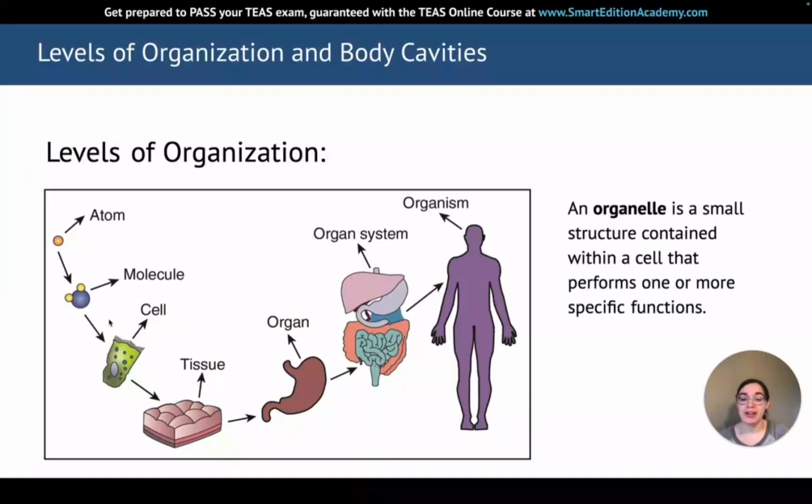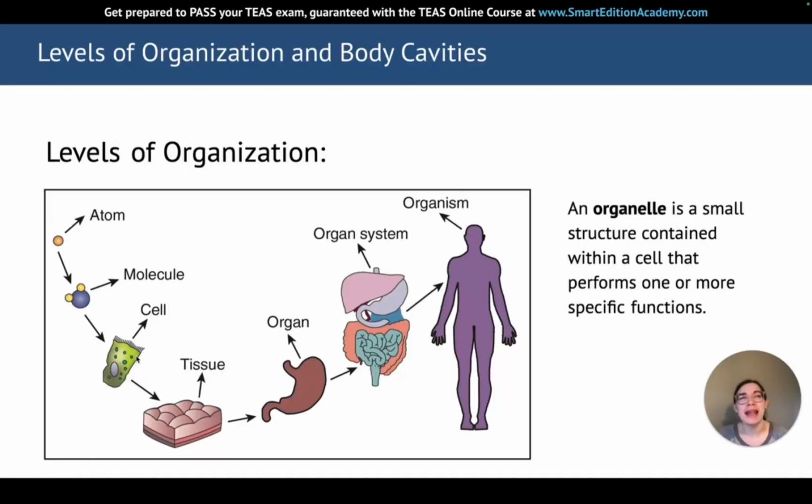Next, not explicitly labeled in this diagram, but you can see it represented by these tiny blue circles here in this cell, is the organelle level. So an organelle is a small structure within a cell, again represented by the tiny blue dots here, and they are responsible for performing one or more specific functions.